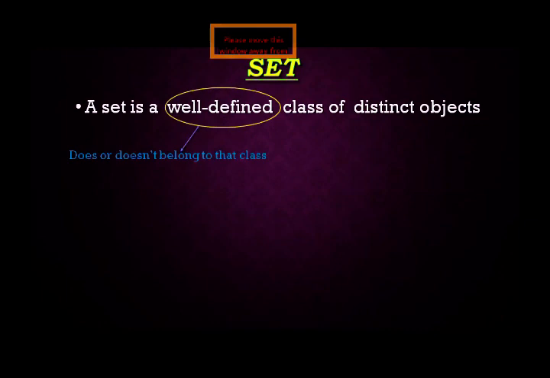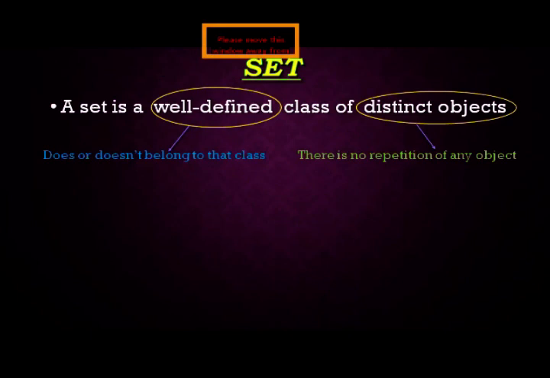In simple words, we can say that the objects belong to the same category and they have a clear and proper definition. And the second term is distinct object. So what is distinct object? There is no repetition of any object.